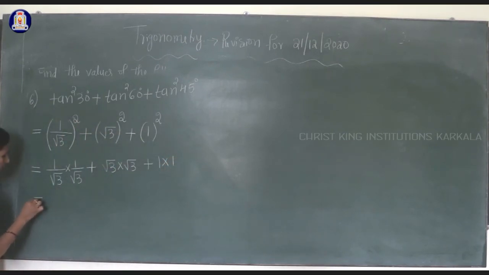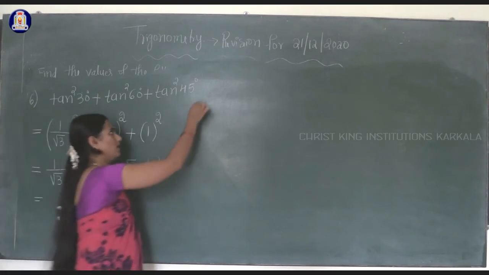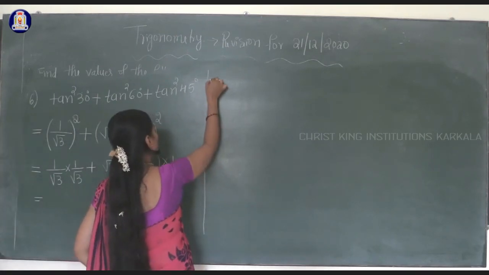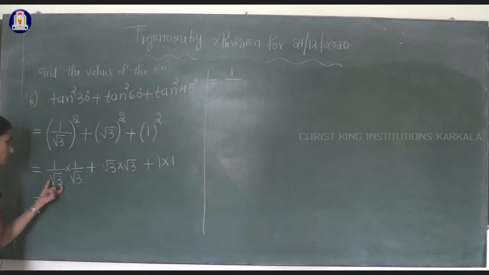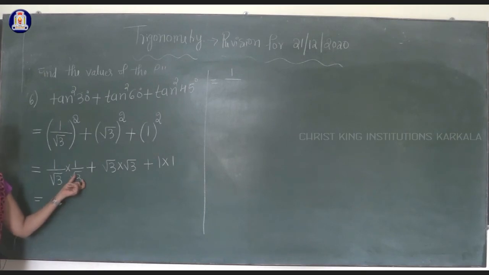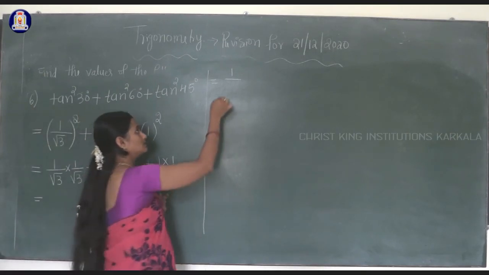Now 1 into 1 is 1, divided by root 3 into root 3, which is root 9. Root 9 is 3.